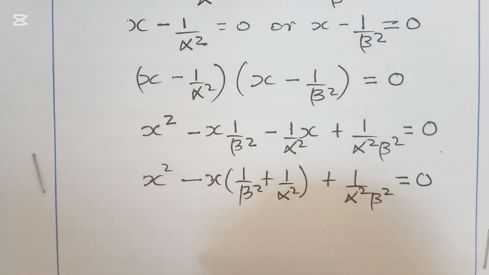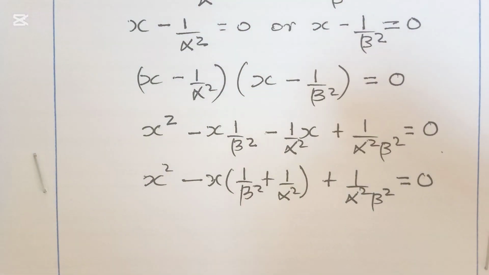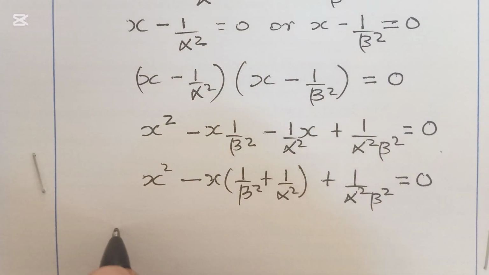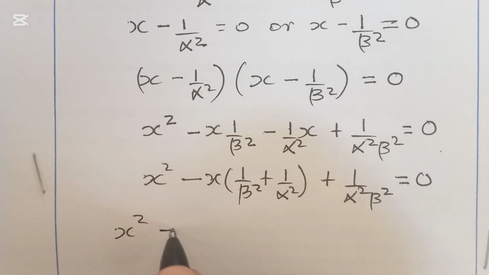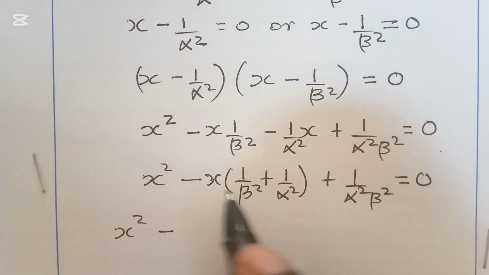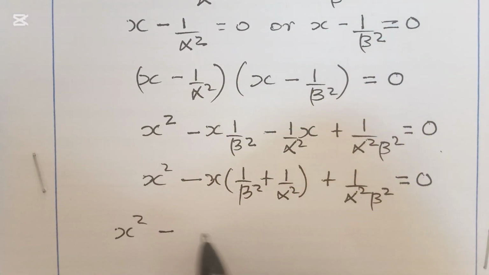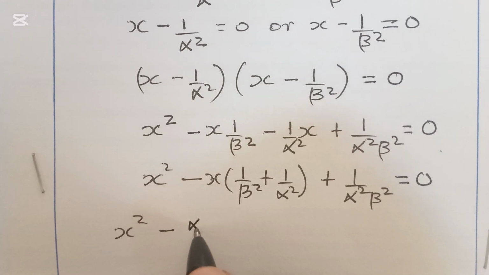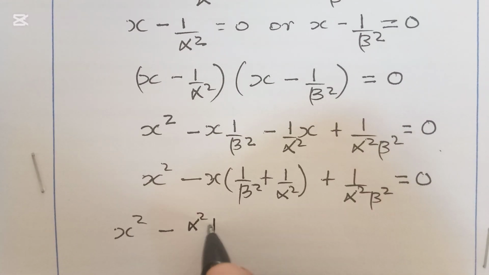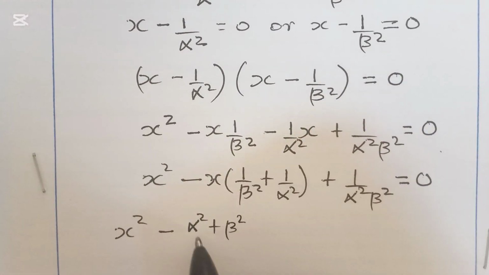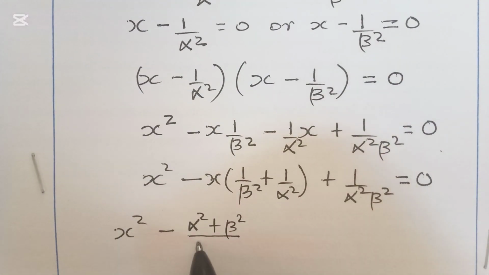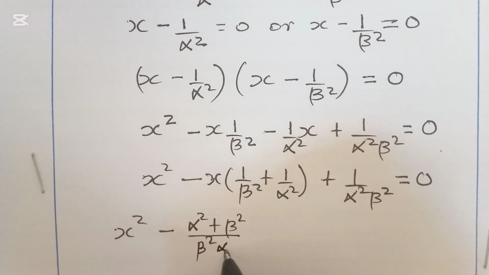So therefore guys, our equation then is going to be x squared minus, we can first of all deal with this one, we can put x behind. If we do this by finding the LCM, we are going to have alpha squared plus beta squared all over beta squared alpha squared.